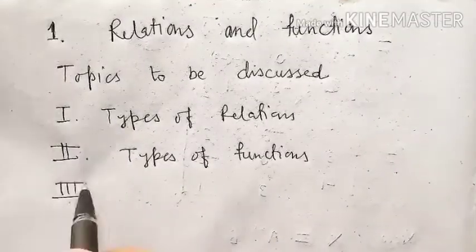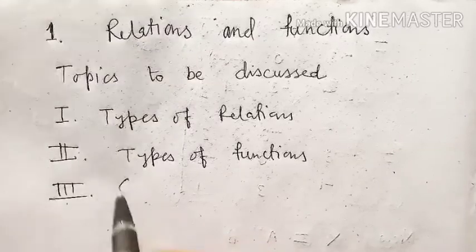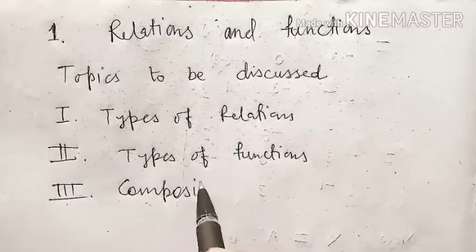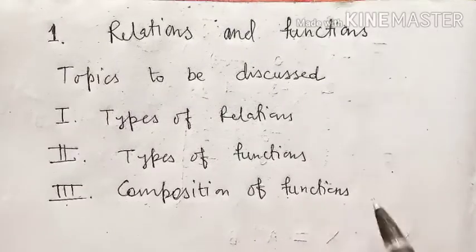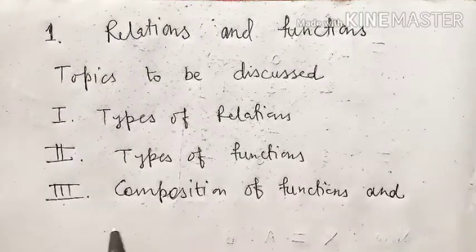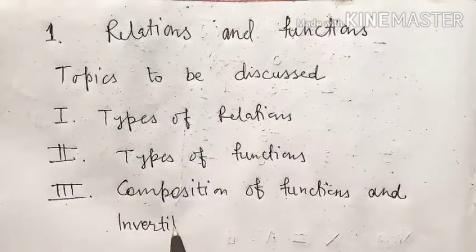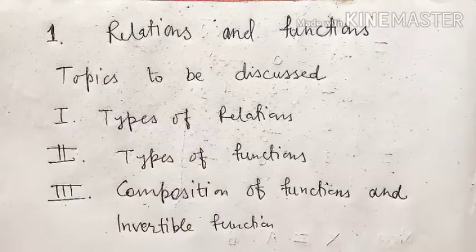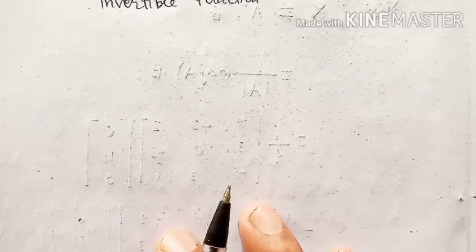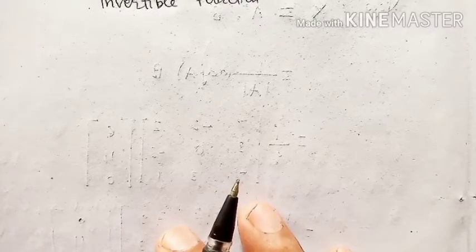And third one is composition of functions. And invertible function. Here also binary operation is given, but according to the syllabus, binary operation is not to be studied. So let us start with the definition of relation.